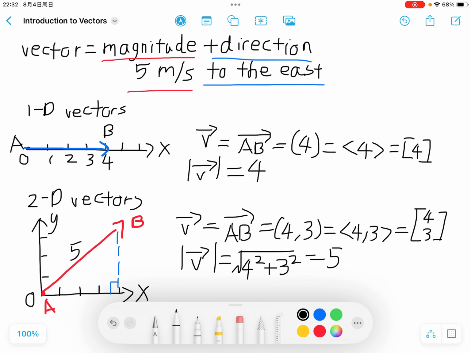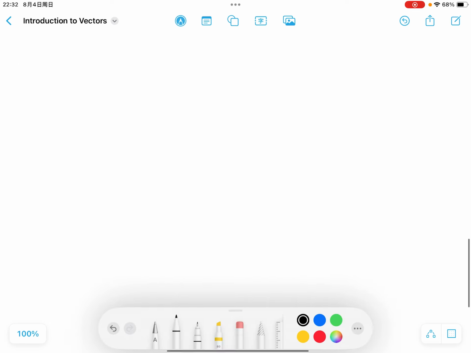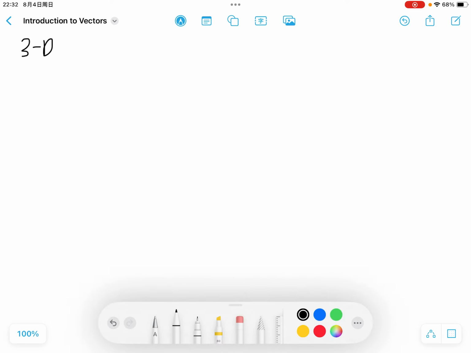So this is our 2-dimensional vector, and for our 3-dimensional vector, it's essentially the same thing, so maybe I should show you too. So we have 3D vectors.